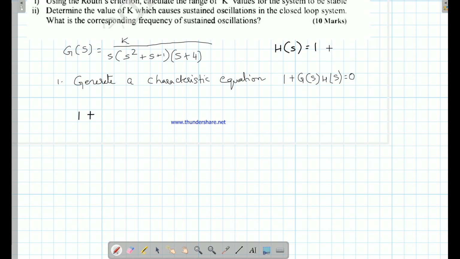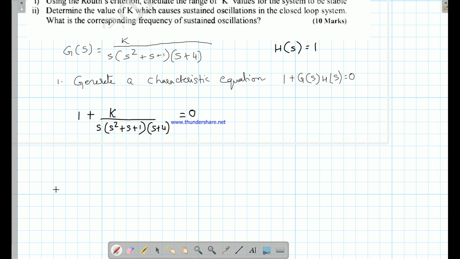Unity feedback means the feedback gain H(s) will be equal to 1. So 1 plus G(s) into H(s) equals 0 means 1 plus K divided by s into (s square plus s plus 1) multiplied by (s plus 4) equals 0.